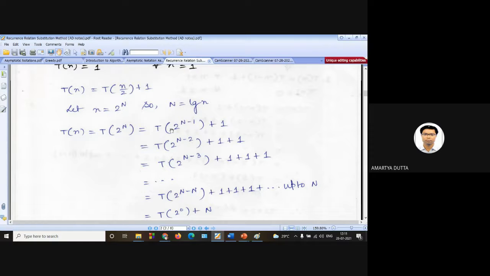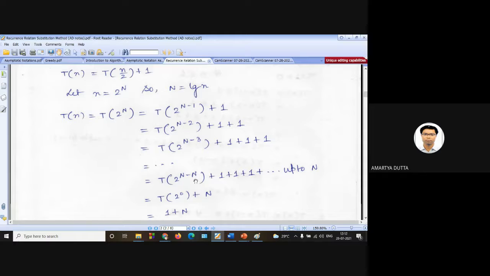Plus 1. So next step, if we substitute this T(2^(N-1)), we get T(2^(N-2)) plus 1 plus 1. Again substitute this value, T(2^(N-3)) plus 1 plus 1 plus 1, up to the Nth term, T(2^(N-N)). So 1 plus 1 plus 1 up to the Nth term, this summation is capital N, and 2 to the power N minus N is 0.